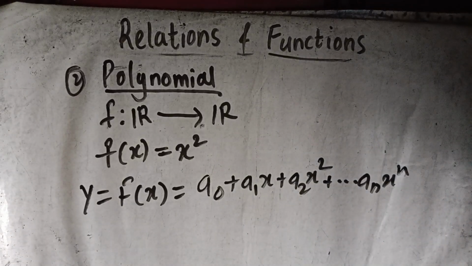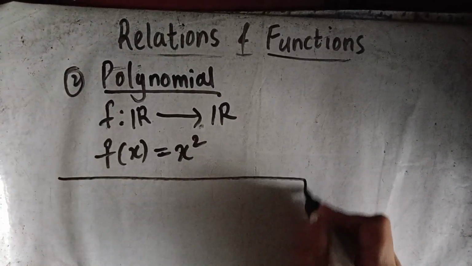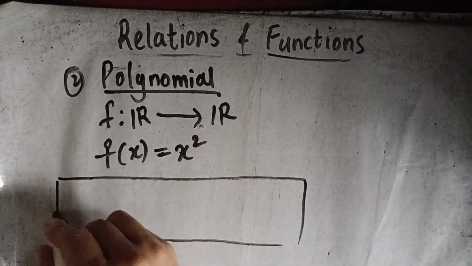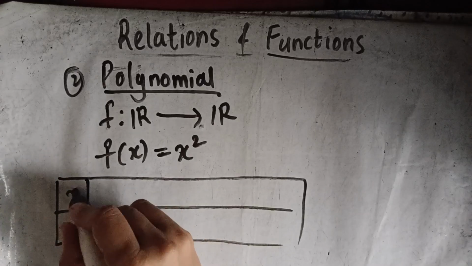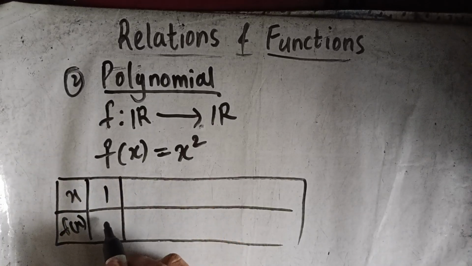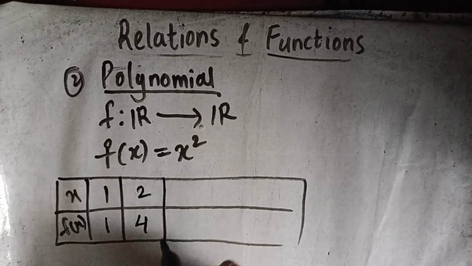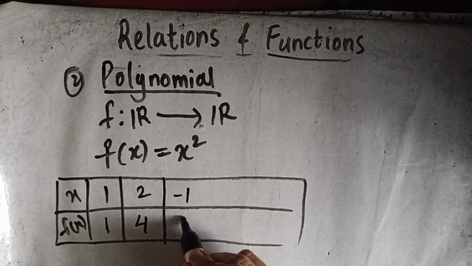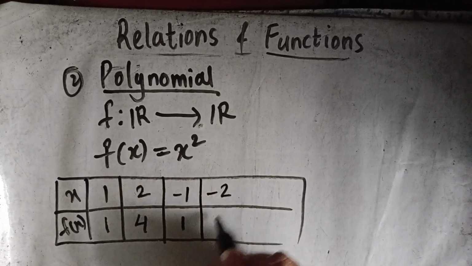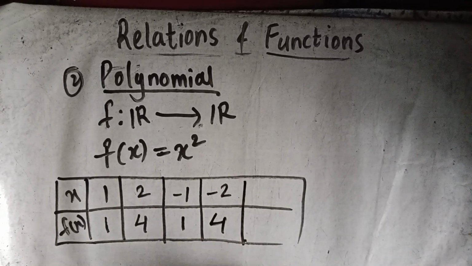So if I draw the table for this, for 1 square you'll get 1, for 2 you'll get 4, for minus 1 you'll get 1, for minus 2 you'll get 4. So you can observe here that the range has only the positive numbers.